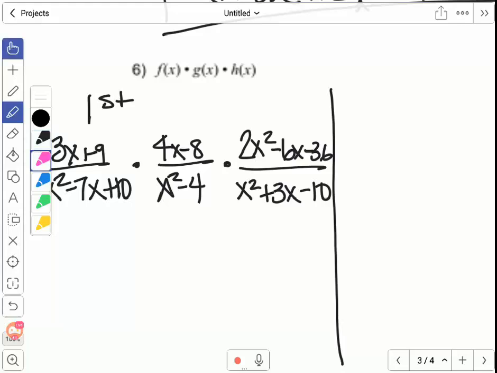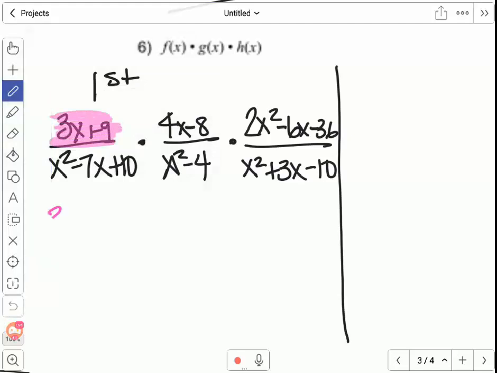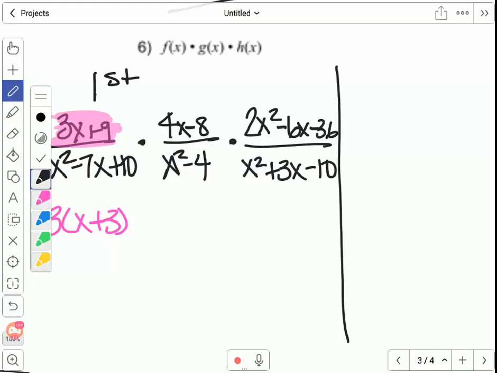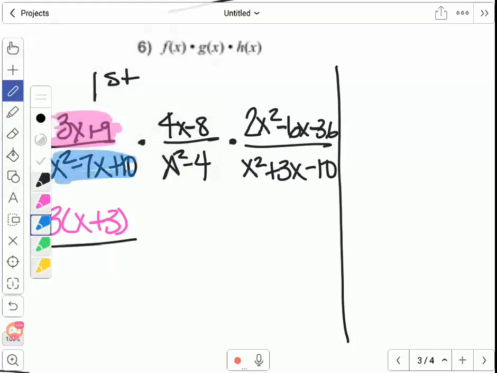So let's start with 3x plus 9. It factors nicely into 3 times x plus 3. That denominator factors as well. x squared minus 7x plus 10 factors into x minus 2 and x minus 5.